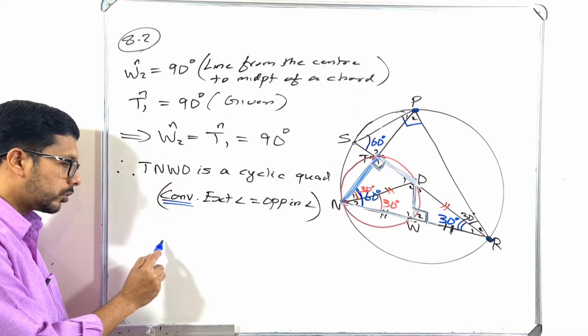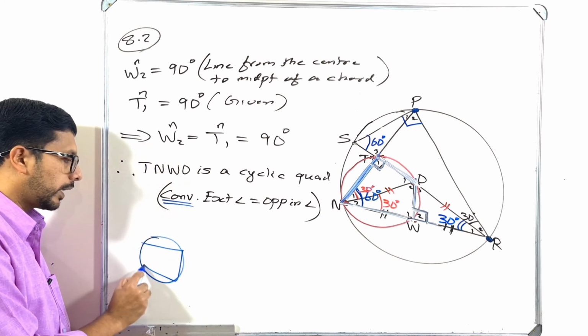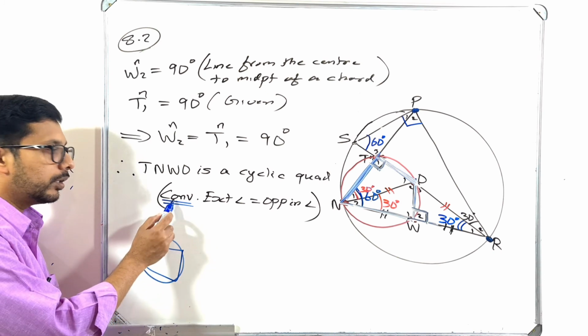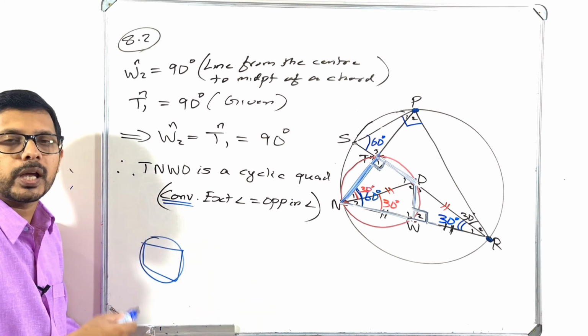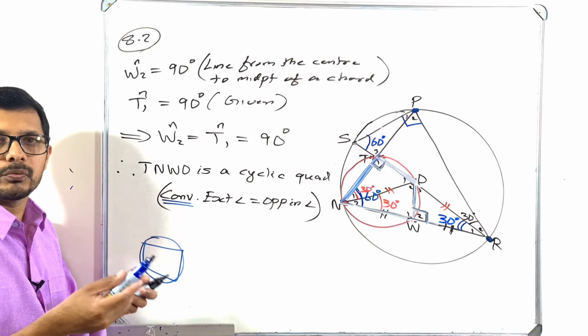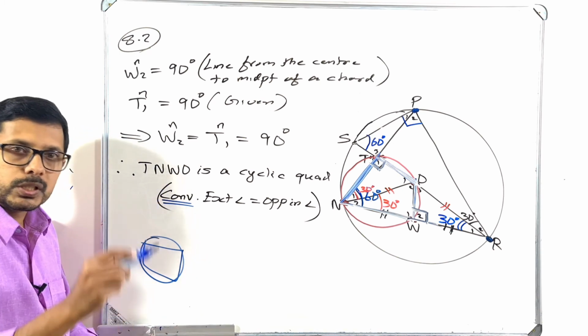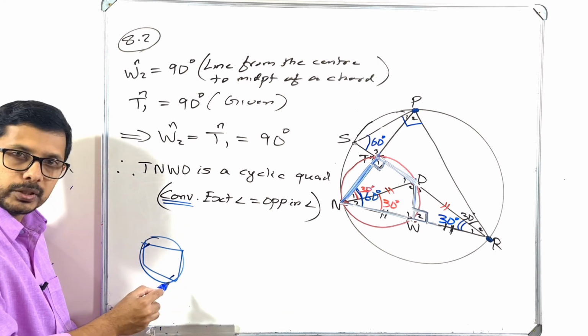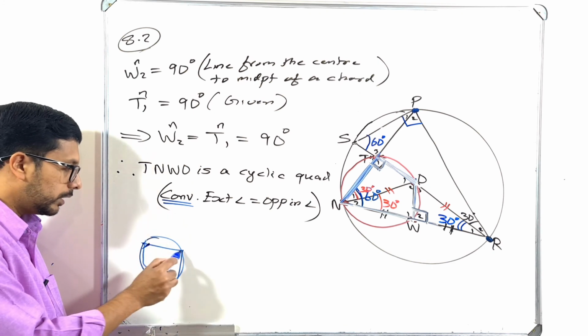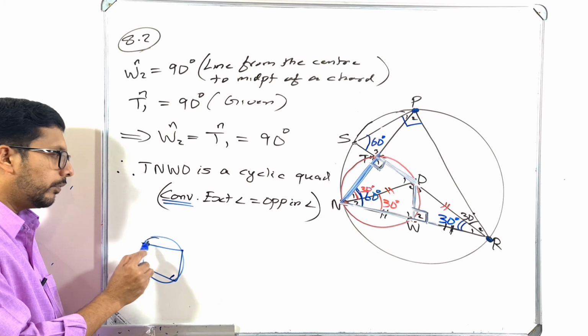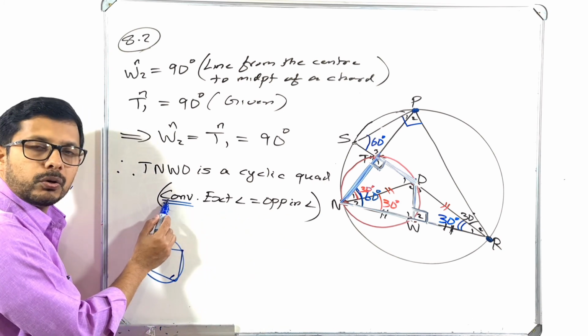If the question is to prove that this one is a cyclic quadrilateral, then you have to write converse of angle in the same segment. Converse of exterior angle is equal to opposite interior angle. Converse of opposite angles are supplementary. Okay, so if you want to prove that this one is a cyclic quadrilateral, when you write the reason, you have to write converse of.